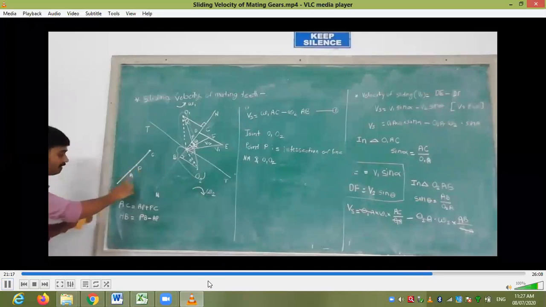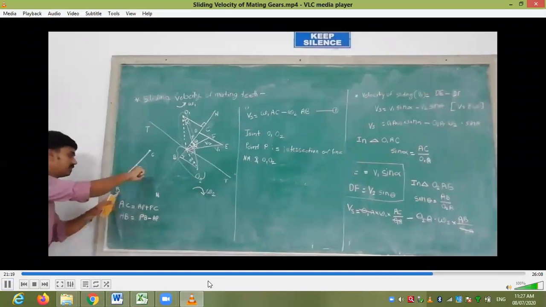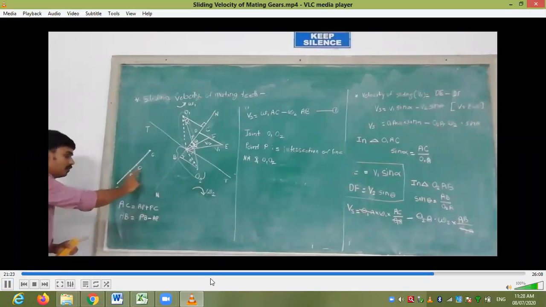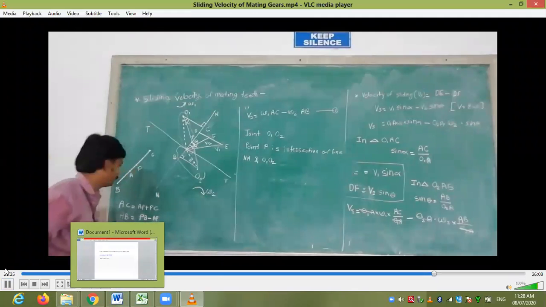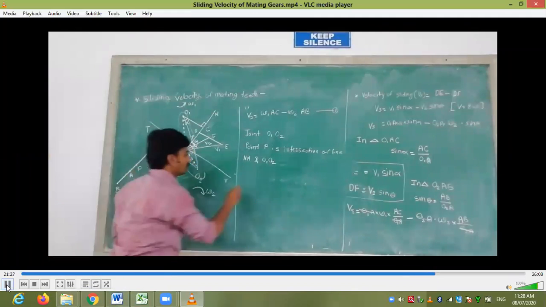If we require AD, then from this distance BD, if we subtract AB, we get AD. We will put this in equation 1.